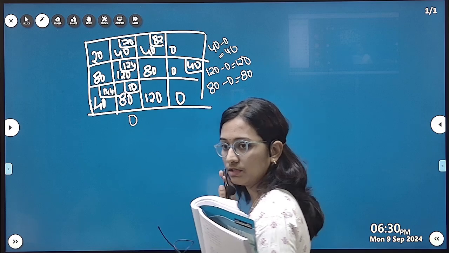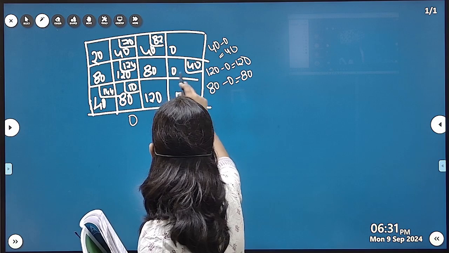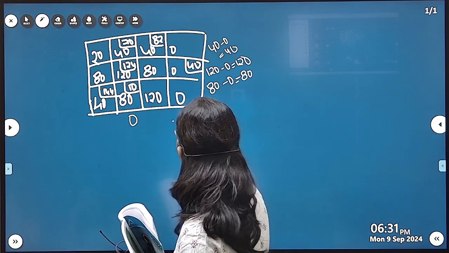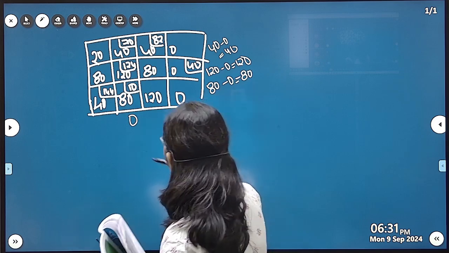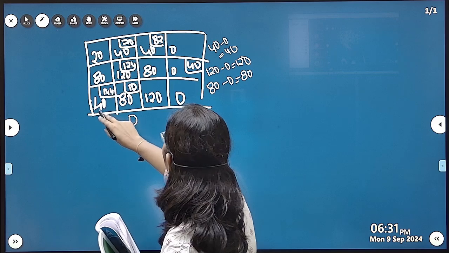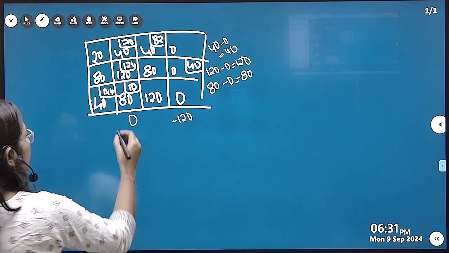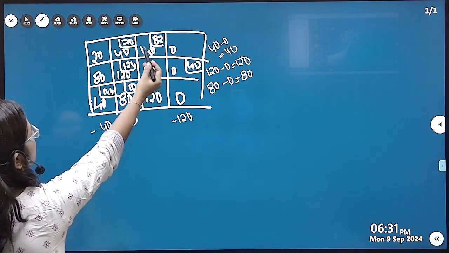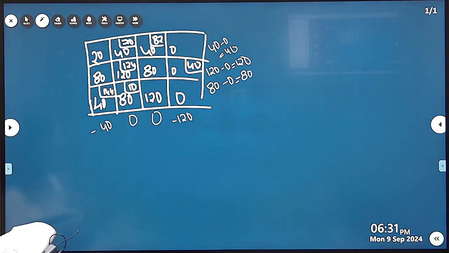Clear? Now next, how we will take this one. Here 0 minus 120 is minus 120. Next here you will get 40 minus 80, which is minus 40. Next here, 40 and minus 40, 0. Now is this clear everyone?